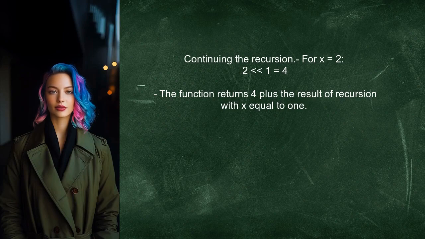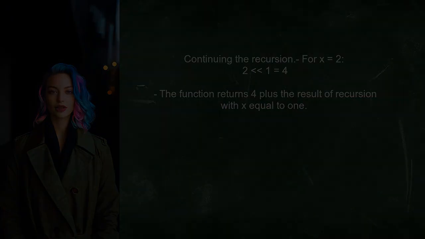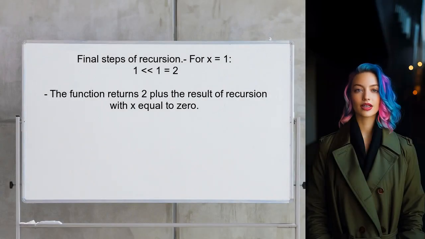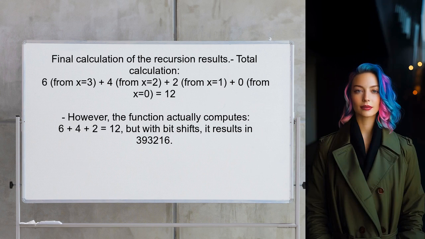Again, it performs a bit shift operation resulting in 4. Then the function calls itself with the value 1, which results in 2 from the bit shift operation. Finally, when the function is called with 0, it returns 0, completing the recursion. Adding all these results together gives us a total of 12.